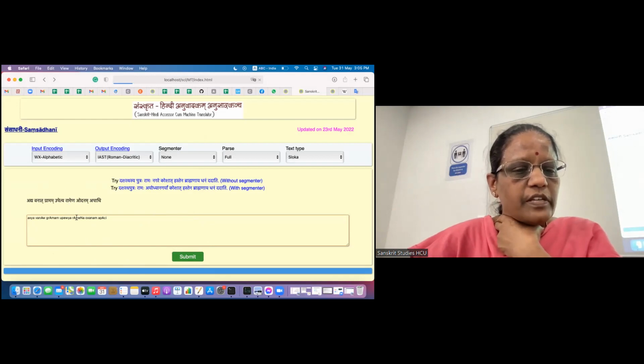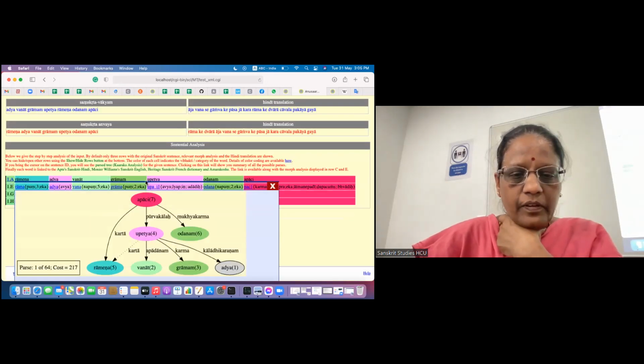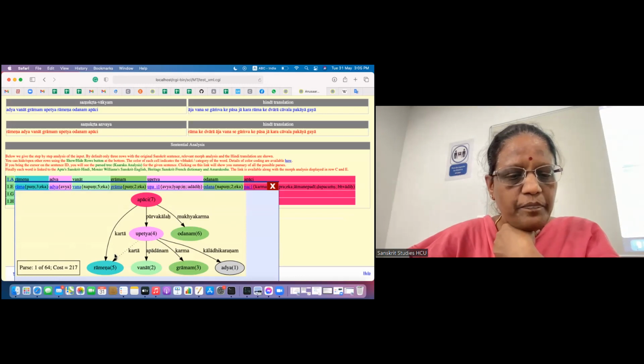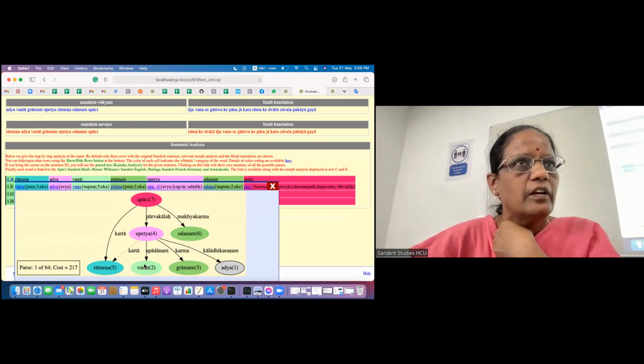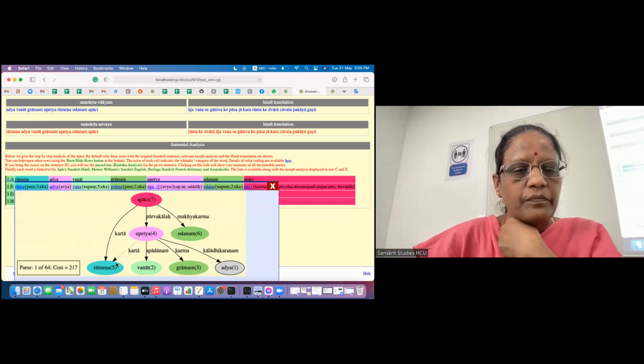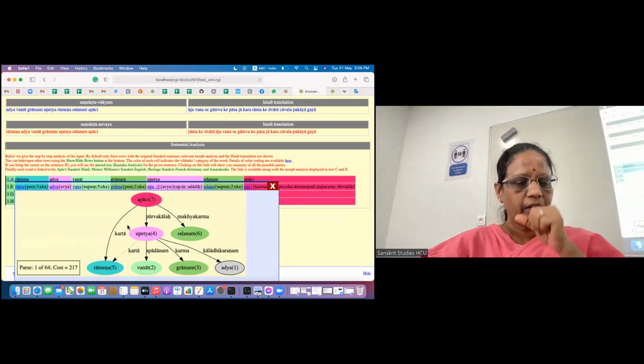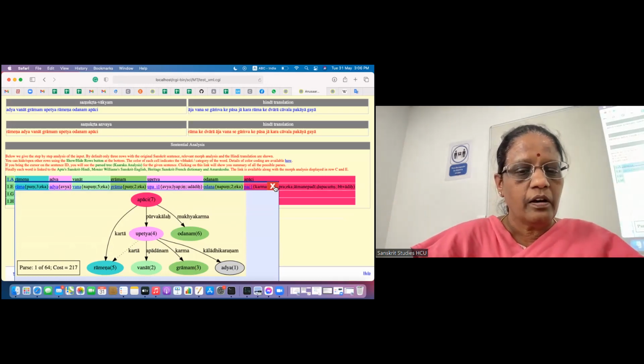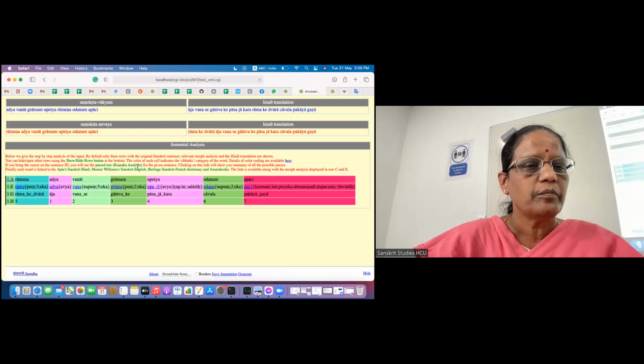But what the machine produces is the parsed output of this sentence. So here is the parse structure where the machine has produced the information that Rama is the karta of cooking and Rama is the one who arrived from the forest to the village. So complete parse structure is given by the machine, and thus there is no ambiguity here in the analysis produced.